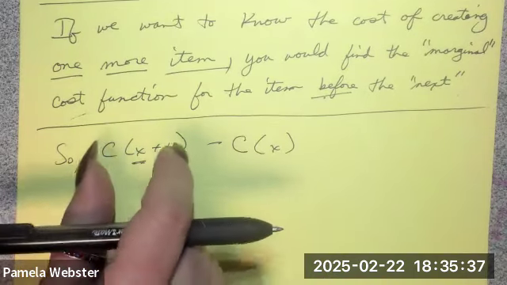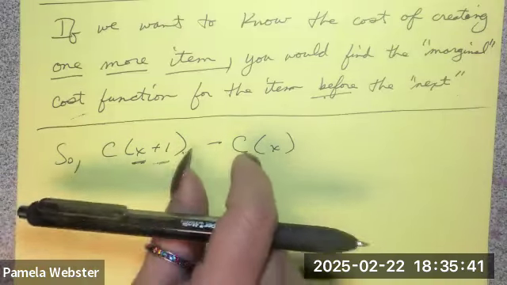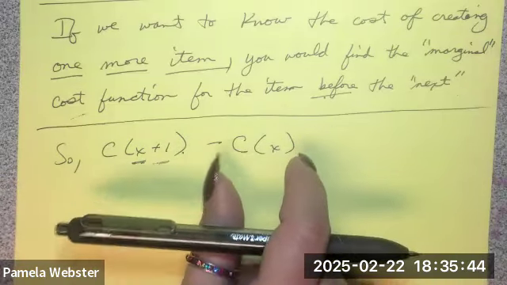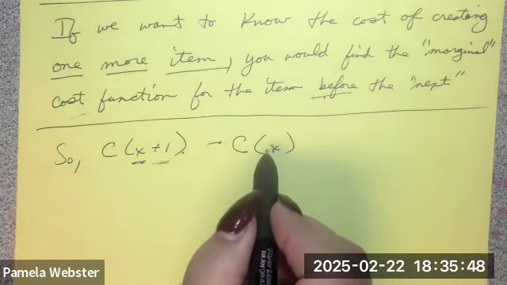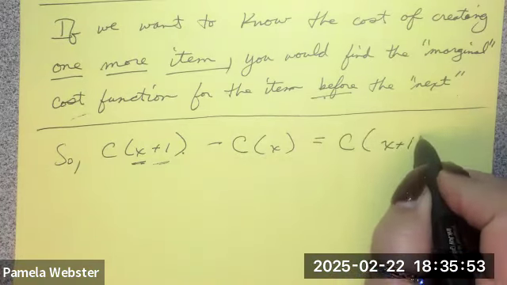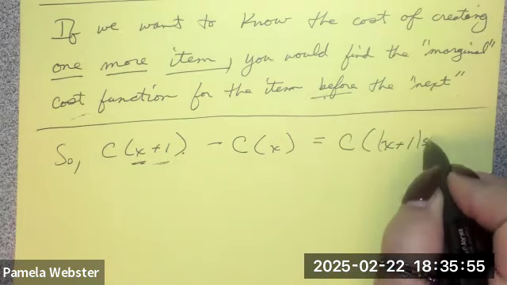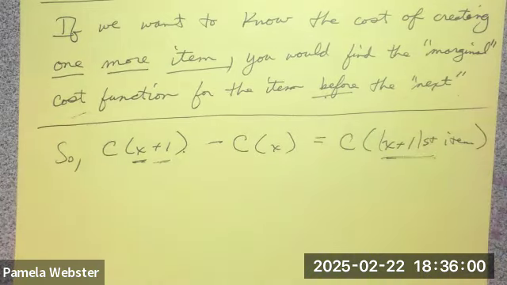If I have 100 items, I'm going to subtract the cost for 101 items minus the cost of 100 items. So that's without the plus one. And that will give me the cost of the X plus first item. Okay. So that very next guy, X plus one, you can do it by doing the cost of X plus one minus the cost of X. Okay. So let's see how that looks.